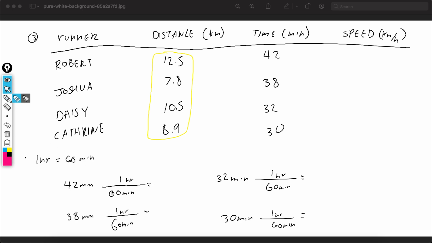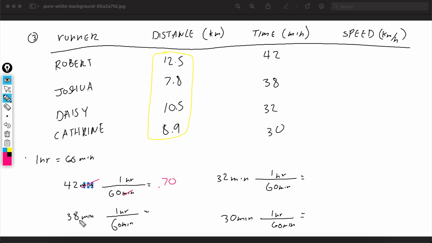So let's start our calculations. Just a normal conversion factor for all of these. That's all we're doing so far. We're converting minutes, which cancel out and give us an hour. So 42 times 1 is still 42, divided by 60 is 0.70 hours.